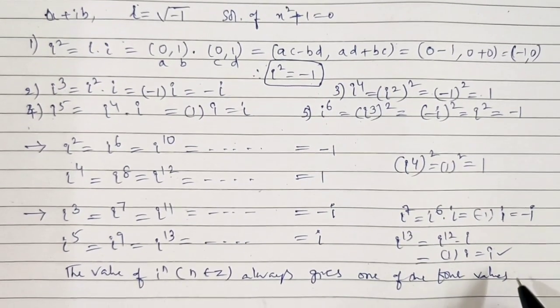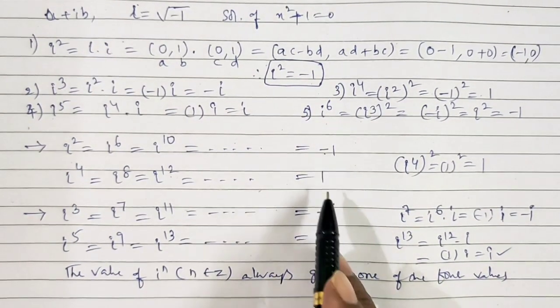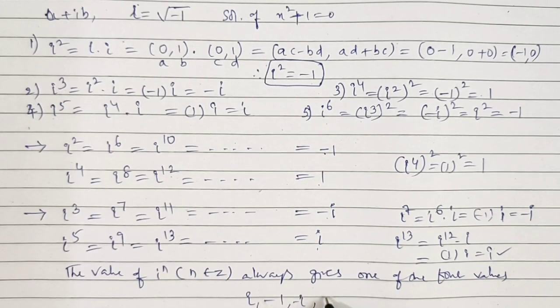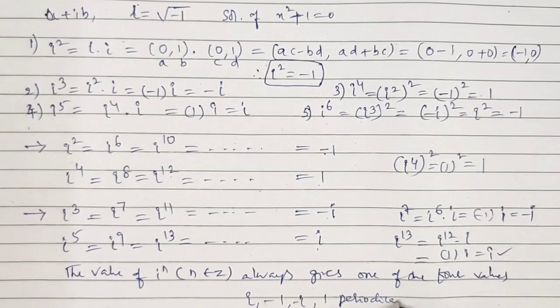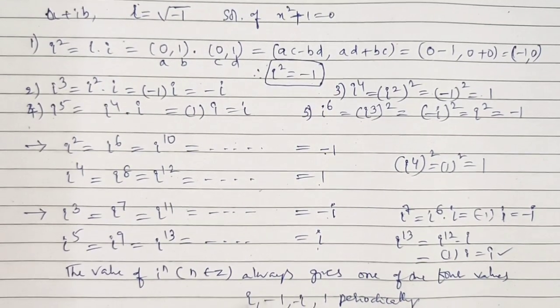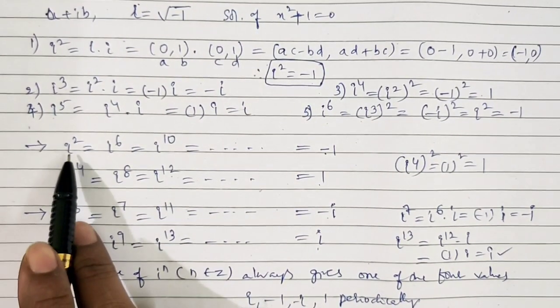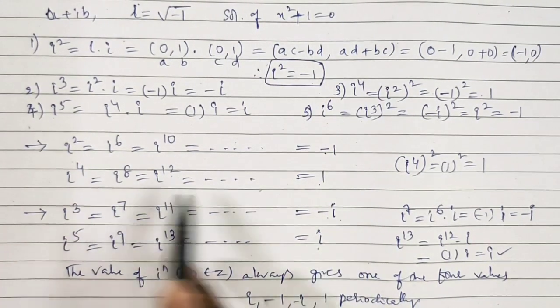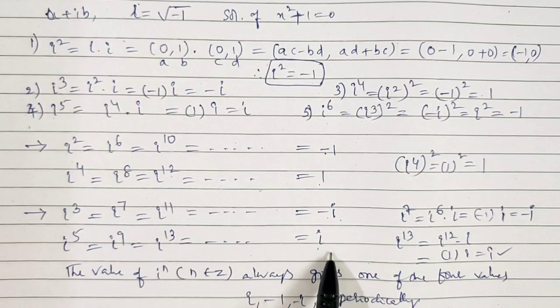What are those 4 values? Minus 1 or 1 or minus i or i. Periodically they repeat. So i power 2 value is minus 1, i power 3 value is minus i, i power 4 value is 1, then i power 5 value is i, like this.